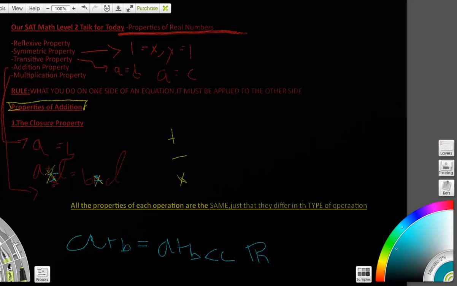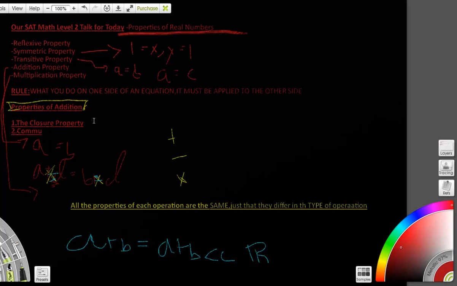So the next property we have is perhaps the most common one you've heard of. It's called the commutative property, and let me write it down.